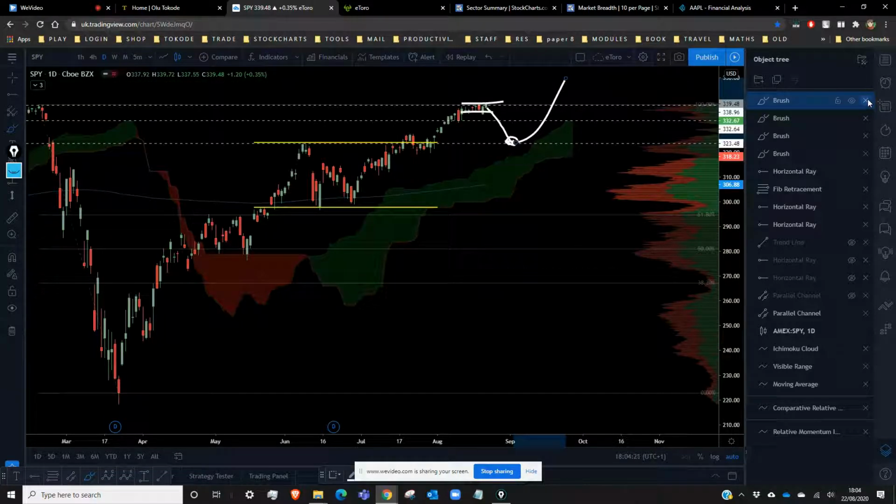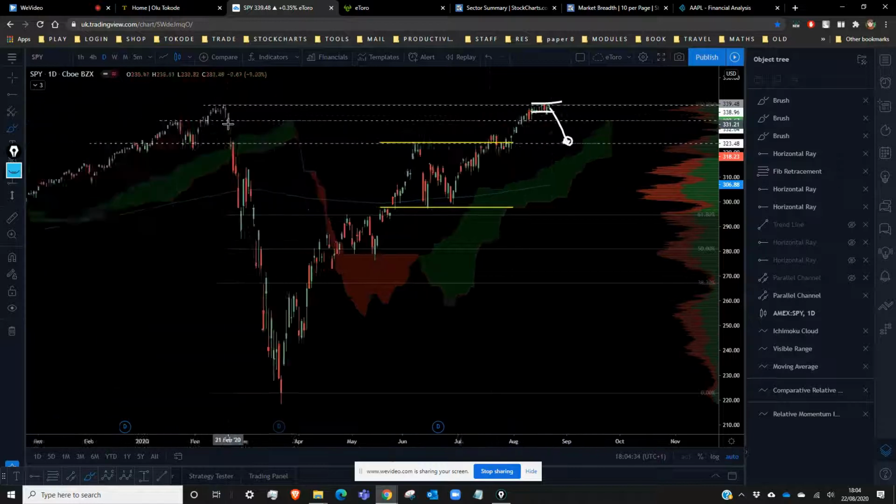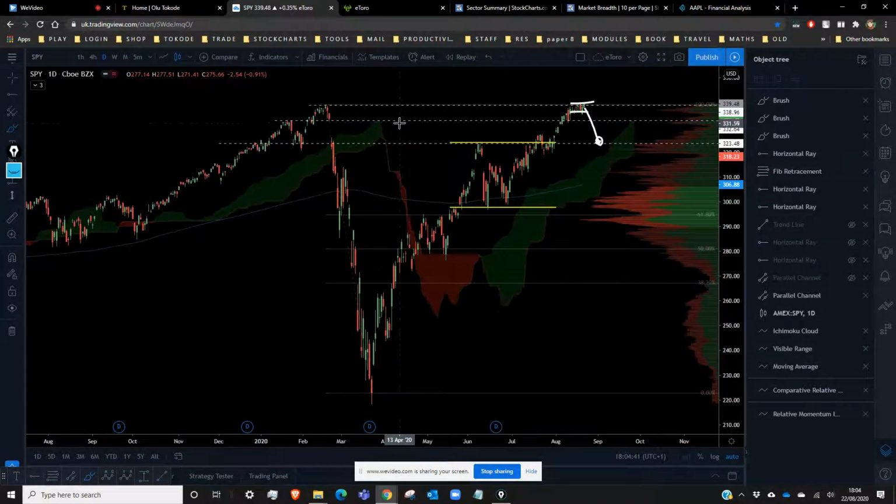So market breadth is negative. Price action is consolidating at, it's not a swing high, but at the same high as we were at in February. So that's pretty important to take note of.